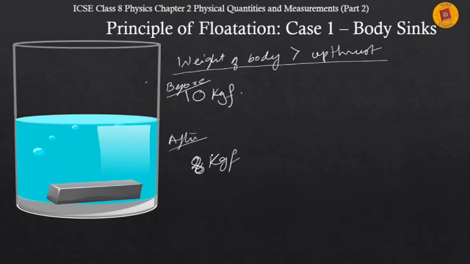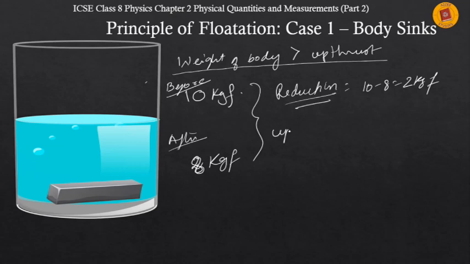We measure it with a spring balance. So what is the reduction? Reduction is equal to 10 minus 8, which is 2 kg force. This reduction in weight is the upthrust. What is the upthrust? This is 2 kg force.